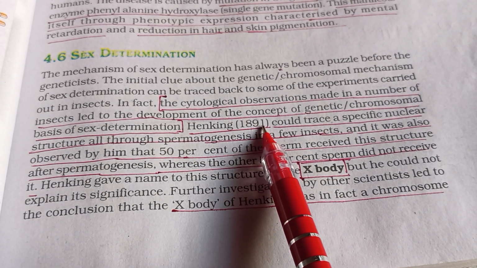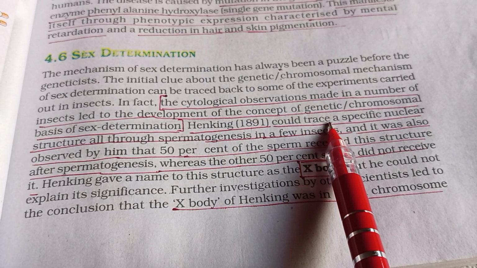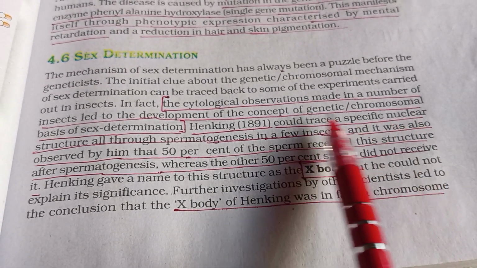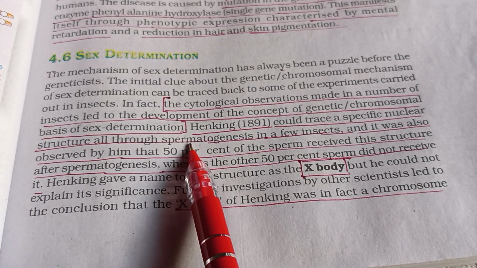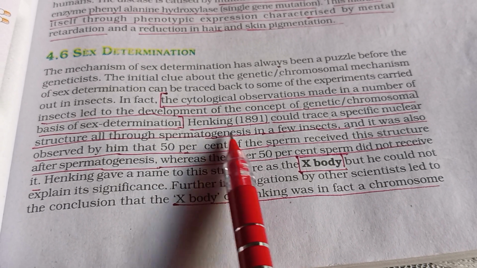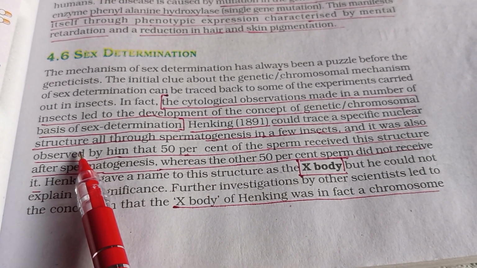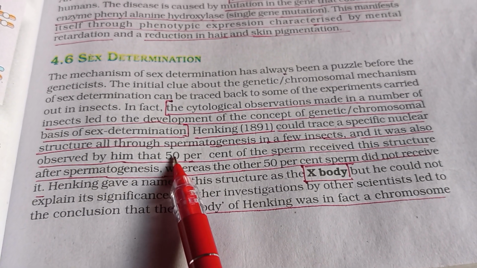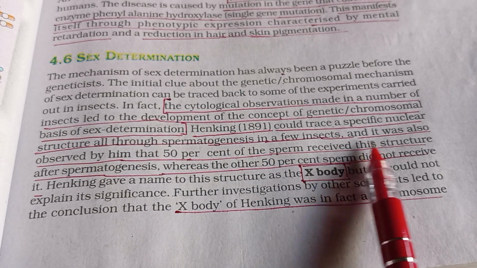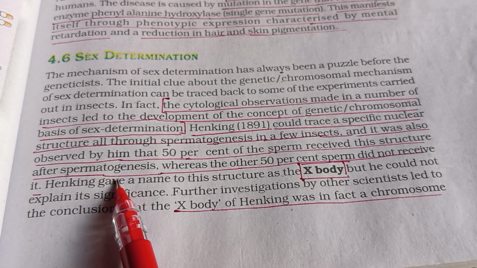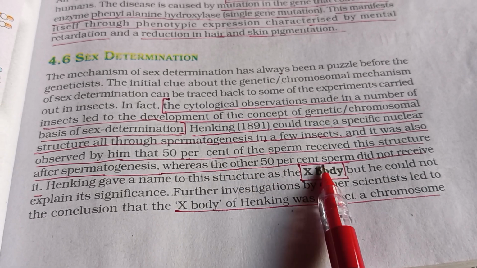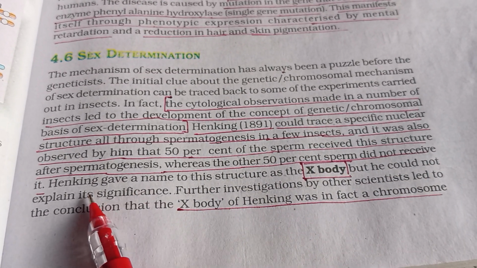Henking, in 1891, was able to trace a specific nuclear structure all through spermatogenesis in a few insects, and it was also observed by him that 50% of the sperm received this structure after spermatogenesis, whereas the other 50% of sperm did not receive it.